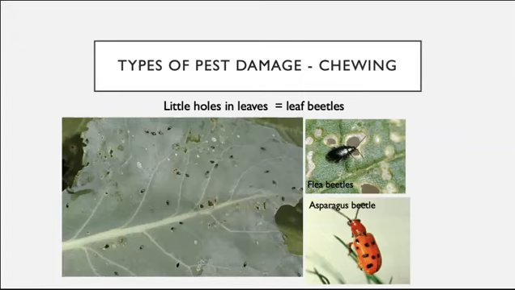You may also see larger chunks of a leaf cut off, and if it's not caterpillars, that could also be snails and slugs, or sow bugs sometimes, or even birds are sometimes the culprit. Okay, so holes in leaves are sometimes a challenging symptom to go by, but generally these little tiny holes are going to be your little beetles.